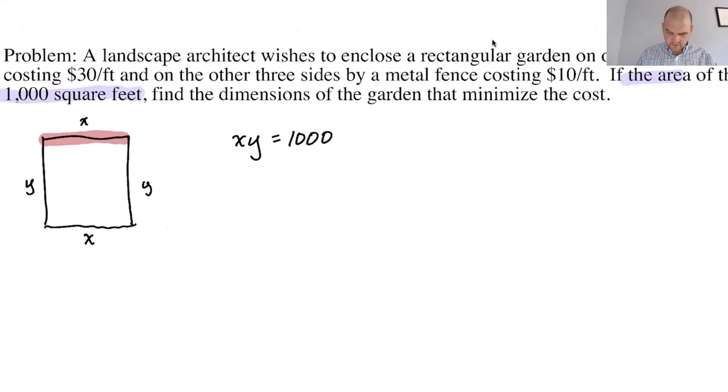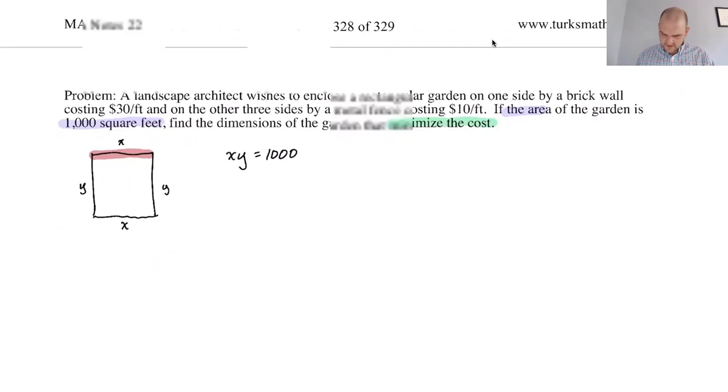And what are we trying to do? We are trying to minimize the cost. And what's the cost? The cost is $30 per foot for the brick and $10 per foot for the metal part.